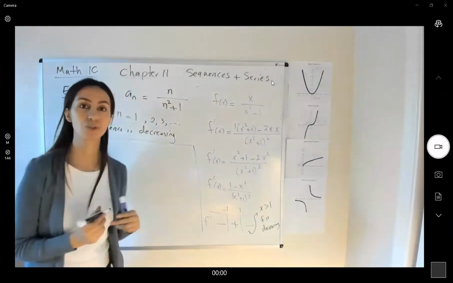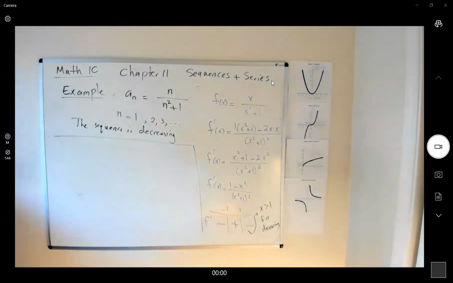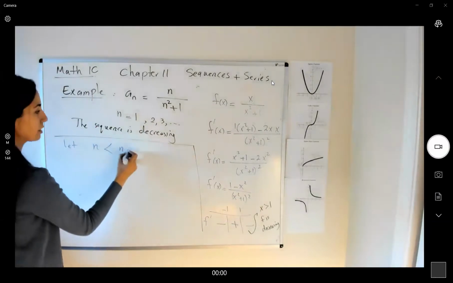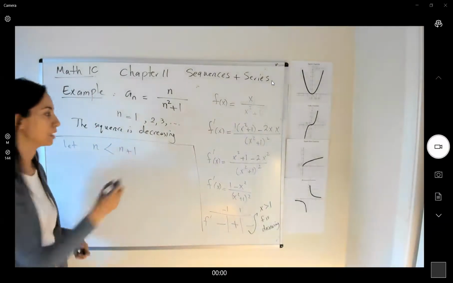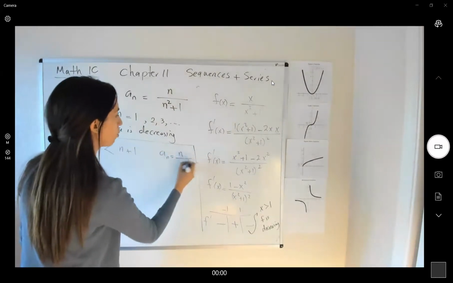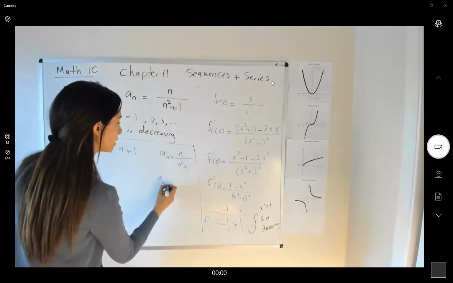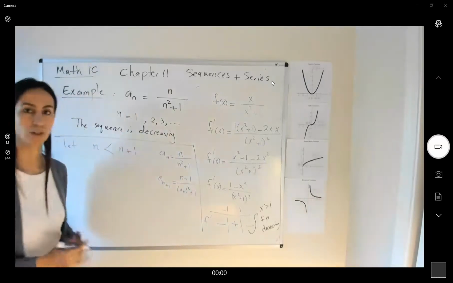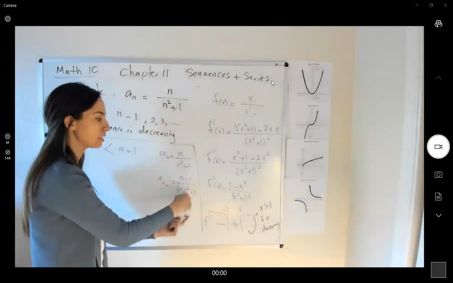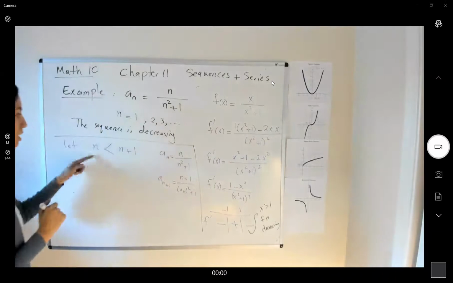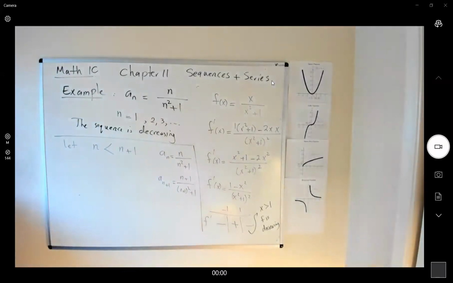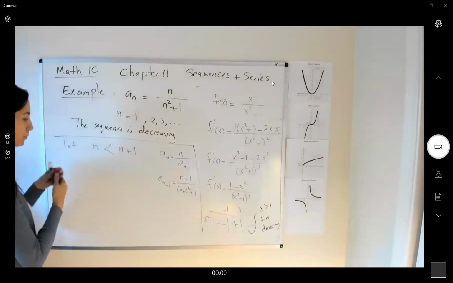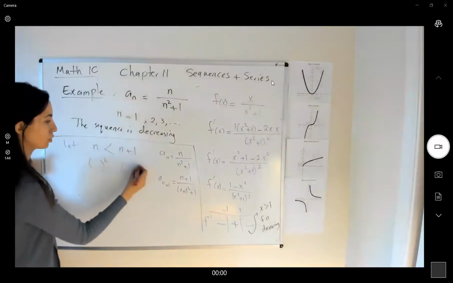Let me show you how to use the definition. So let n be less than n plus 1. Remember that a_n is n over n squared plus 1, and a_(n+1) is n plus 1 divided by (n plus 1) squared plus 1. So our goal is to create these terms and compare them. So what I'm going to do, I'm going to raise both of these to the second power.